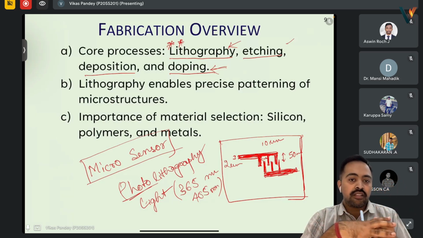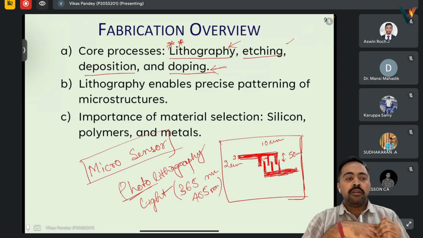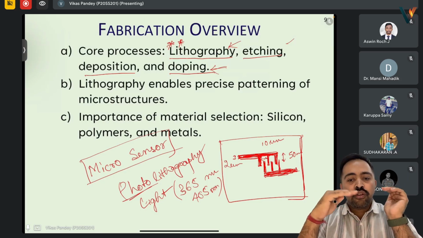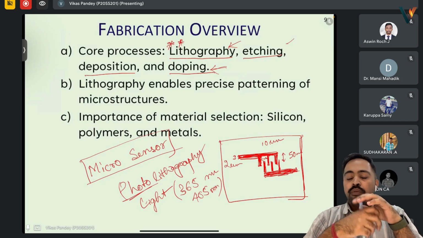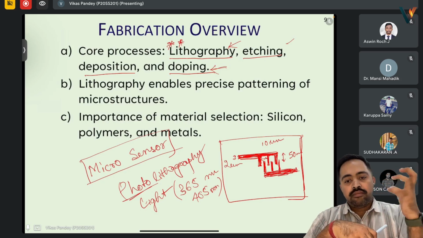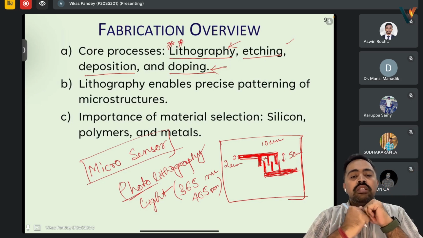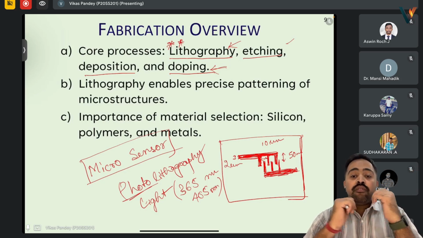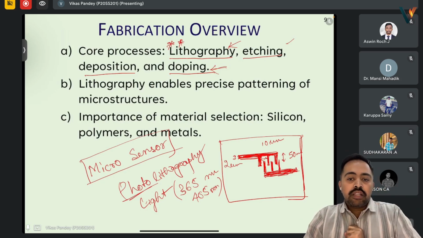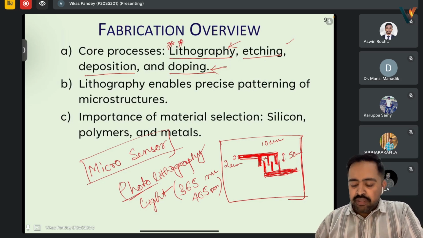If we have to make temporary housing, we choose wood, and for a phone casing, we will choose plastic. So material selection is very important here also, depending on the purpose, what kind of material will be used.